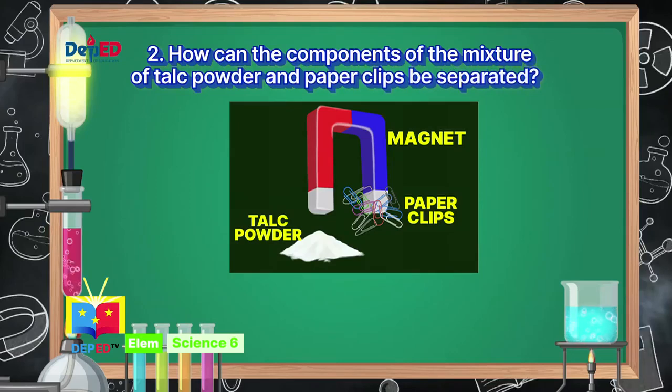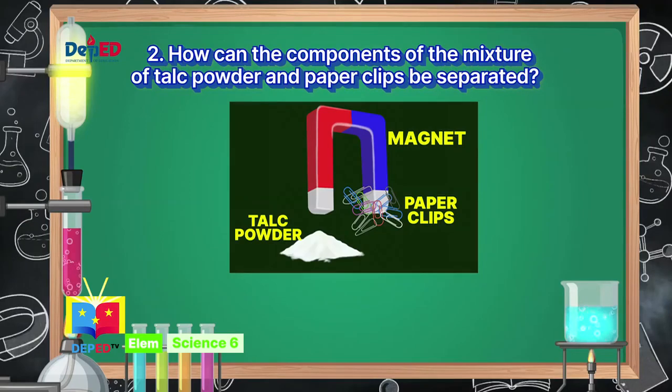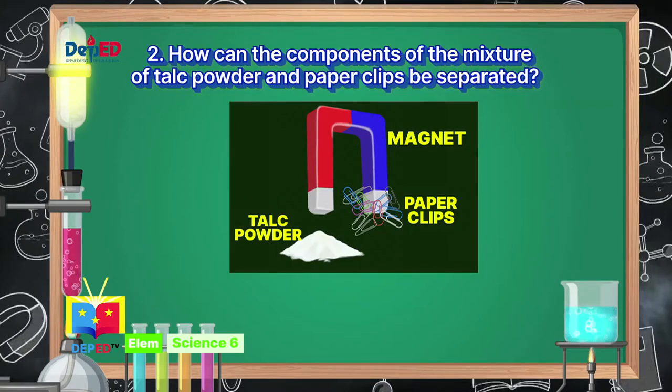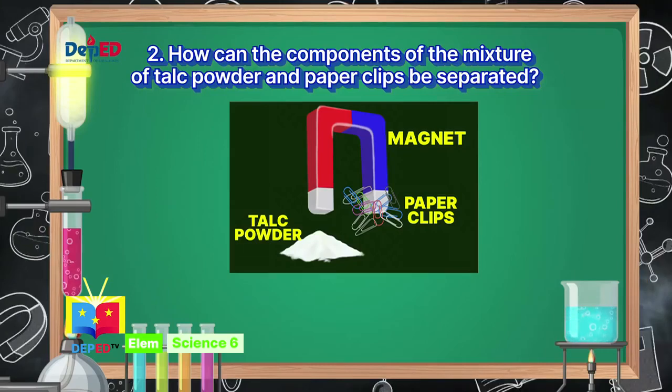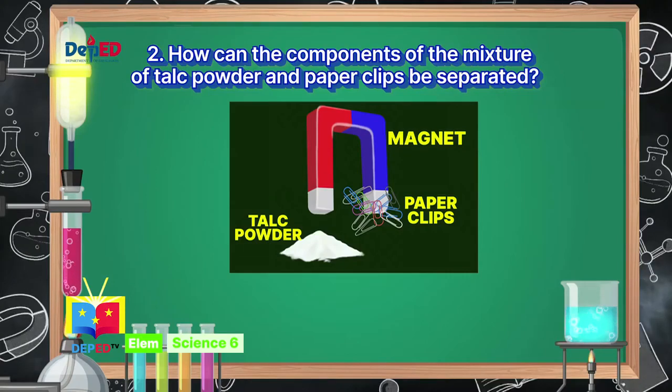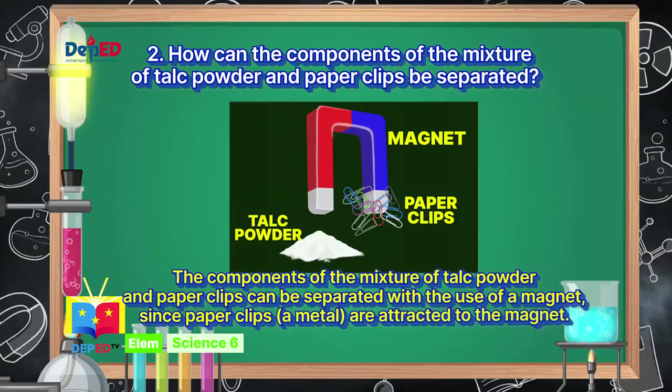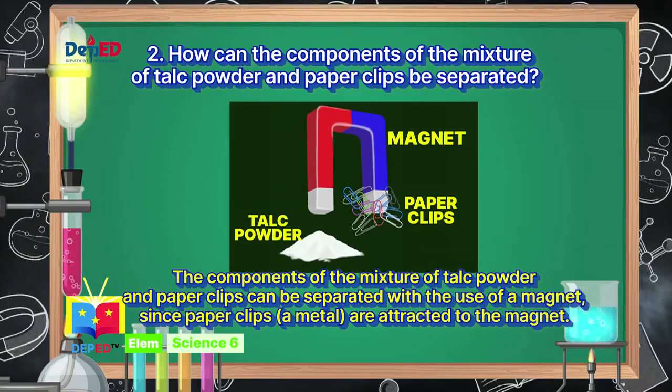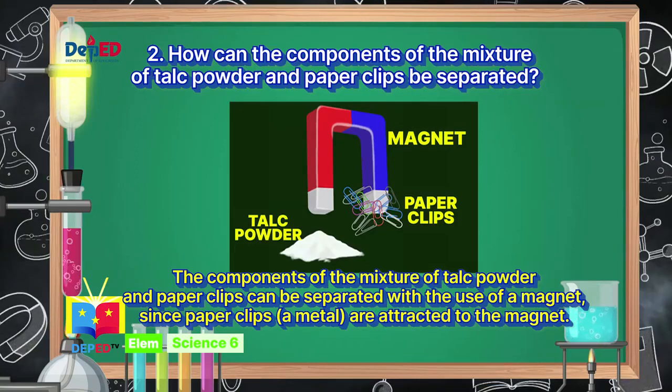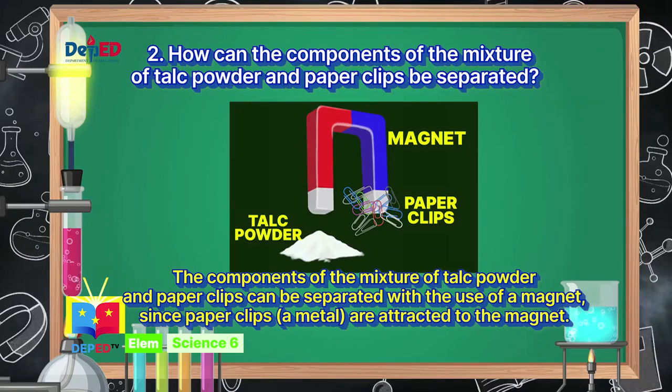Number 2. How can the components of the mixture of talc powder and paper clips be separated? Very good! The components of the mixture of talc powder and paper clips can be separated with the use of a magnet since paper clips are attracted to the magnet.